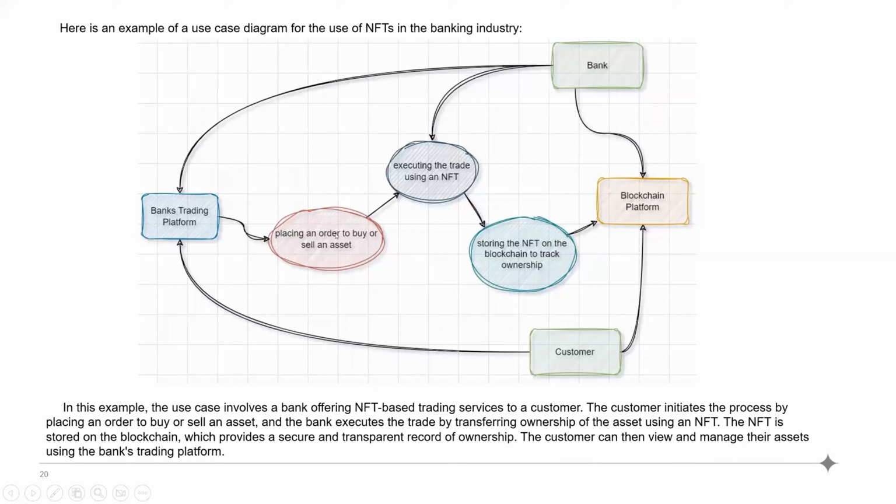The transaction will be executed by the servers behind the blockchain at the bank, and after that the record will be stored on the blockchain platform. It is a simple use case scenario we described here.